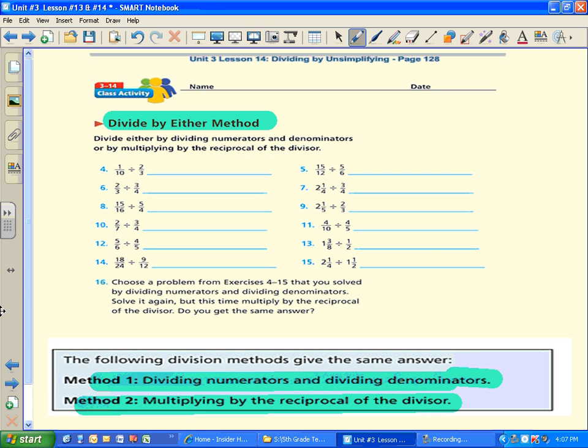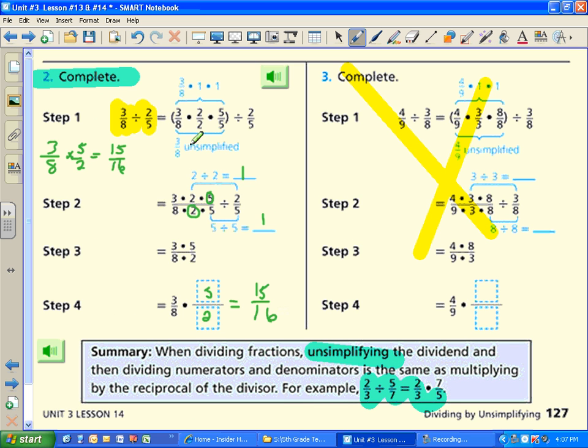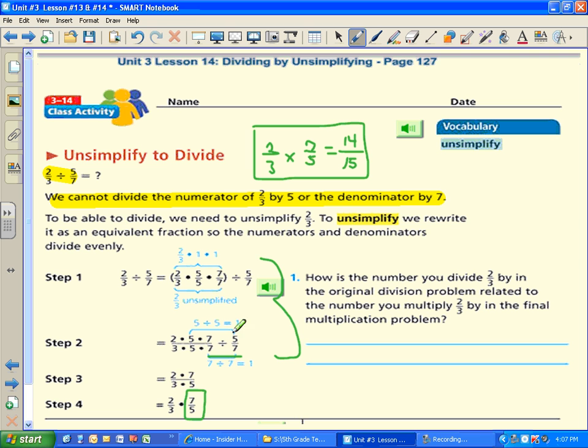You end up with the same answer. Okay, so I'd like you to practice both ways. 1/10 divided by 2/3, 1/10 times 3 over 2. Okay, refer back to this example that we copied down.